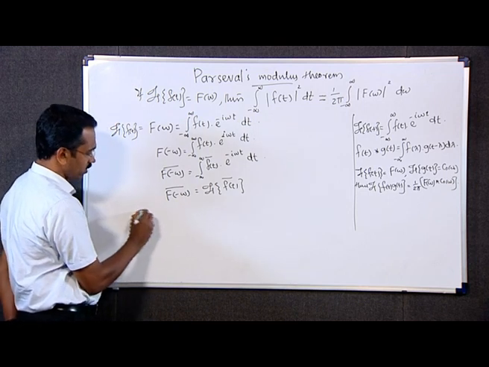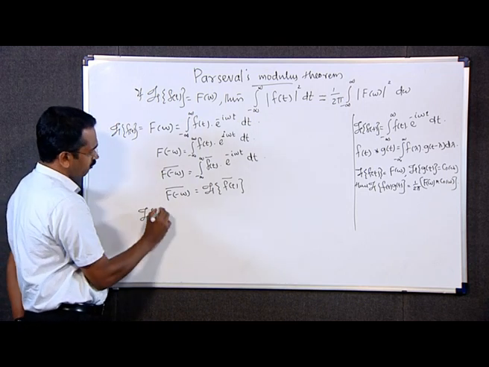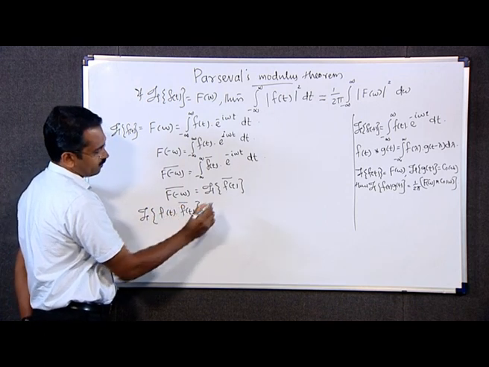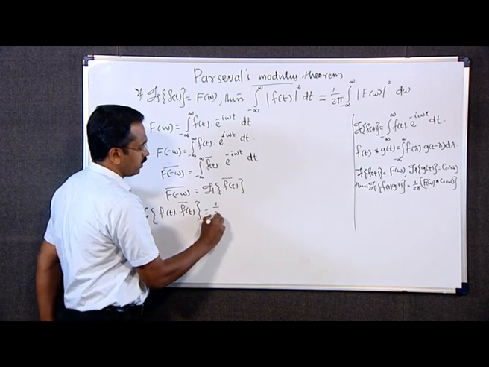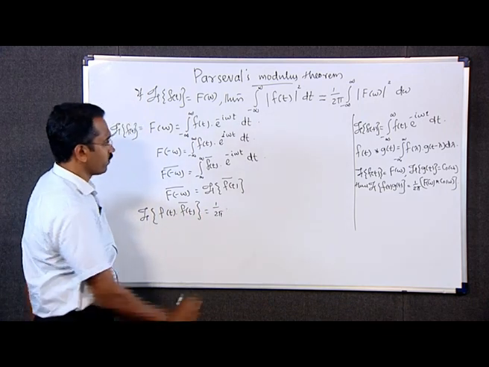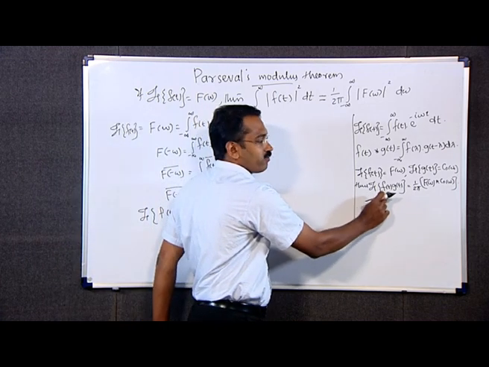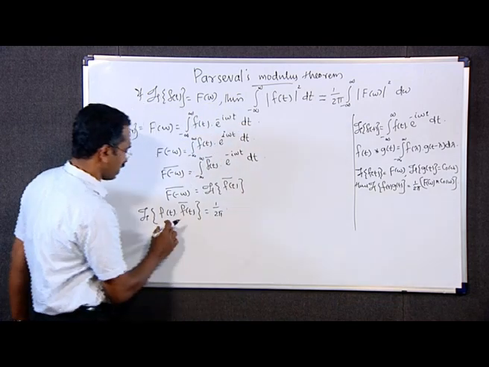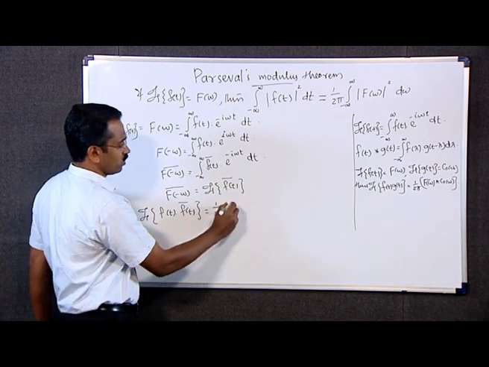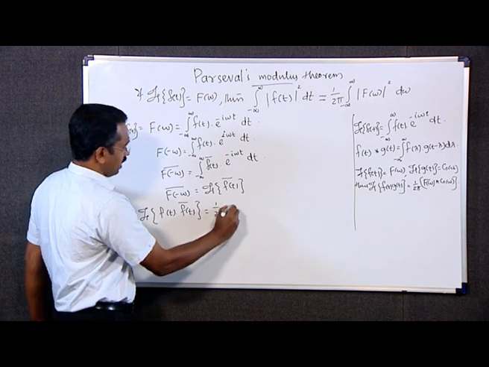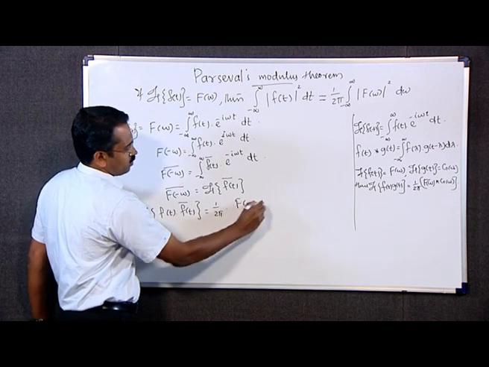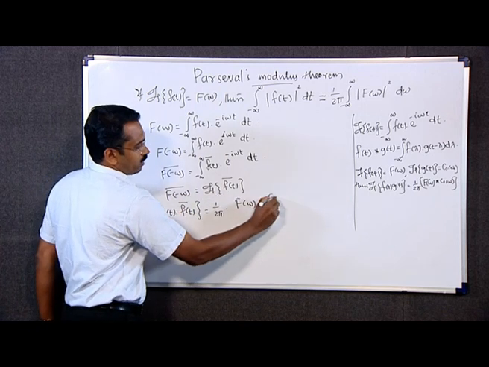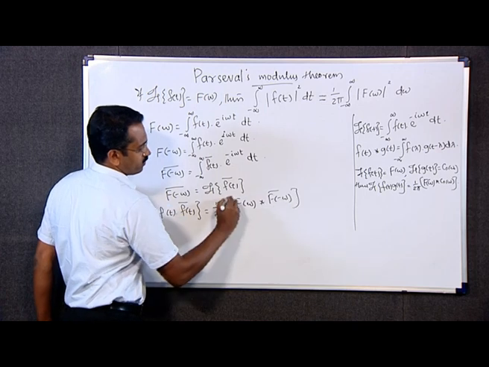Then we can write the Fourier transform of f(t) into f(t) conjugate as 1 by 2 pi into, by this property, that the Fourier transform of a product is 1 by 2 pi into the convolution of the corresponding Fourier transforms. Therefore, we can write 1 by 2 pi into F(omega) convolution the Fourier transform of f(t) conjugate, which is the conjugate of F(minus omega).